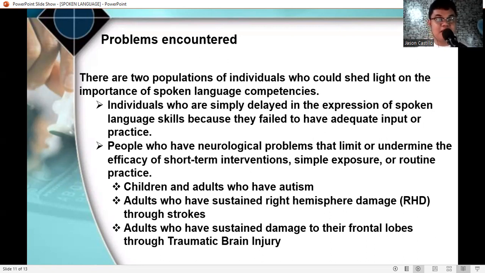These are some people who will be having a problem when it comes to developing spoken language competence. But of course, we are not closing the doors for them. There's still a chance for them.